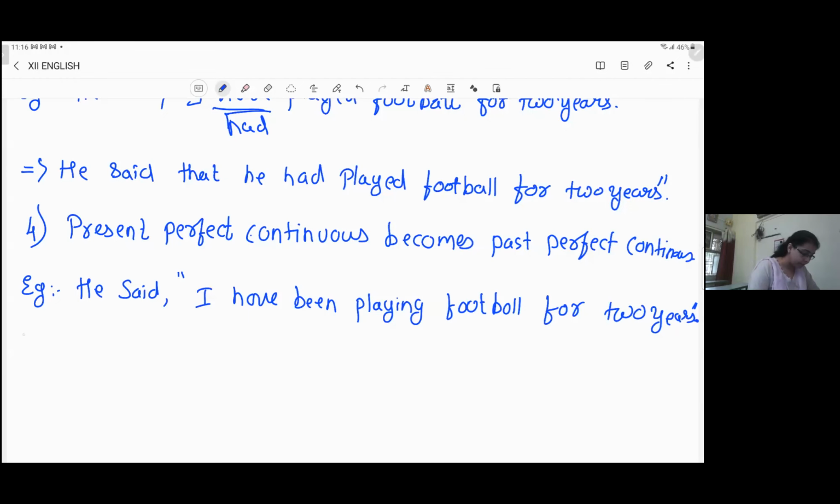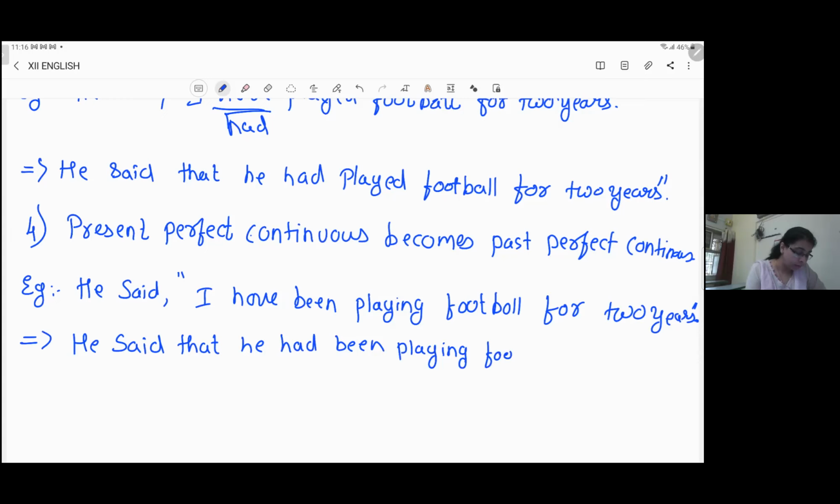Now see this. He said that he had been playing football for last 2 years.